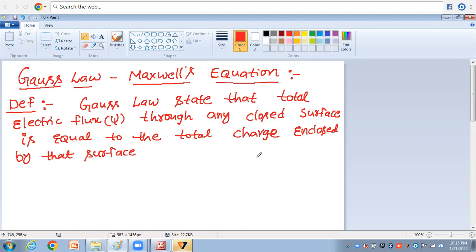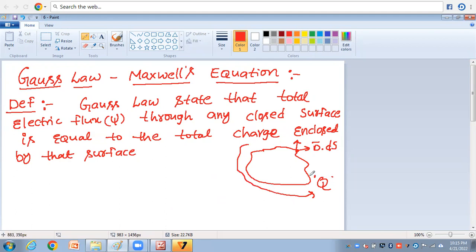Again, Gauss law states that the total electric flux psi through any closed surface, with the field component D bar, so closed surface integral of D bar dot dS, is equal to the total charge Q enclosed by that surface.